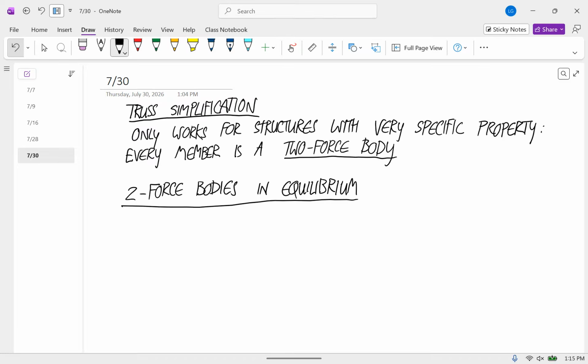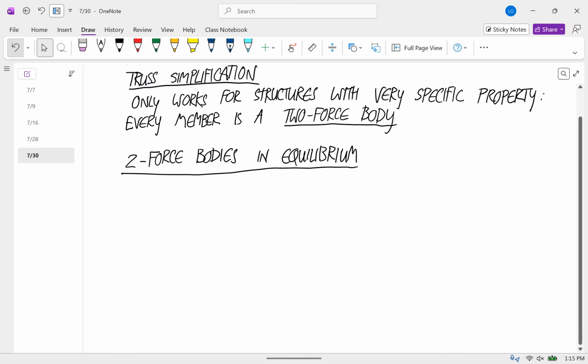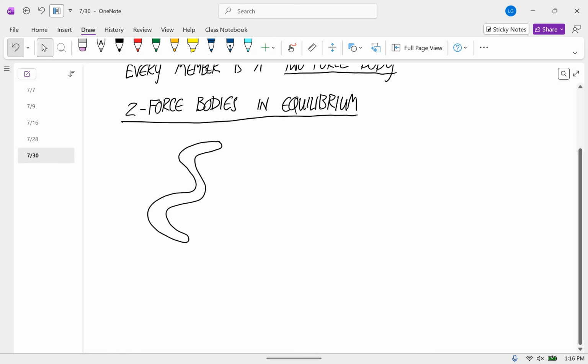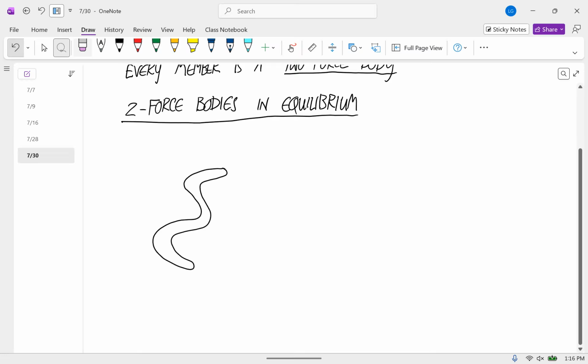Okay, so if you have a general object, let's say it looks like this. And let's say that the only loads acting on this body are two forces, and those forces are going to act at the two places where we'll imagine joints being if this was a structure.